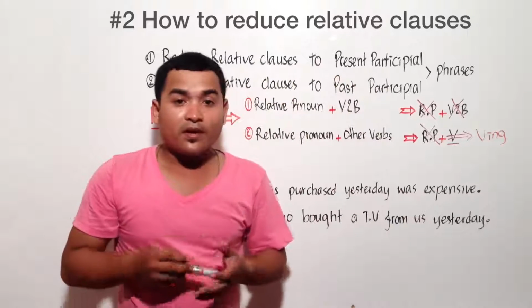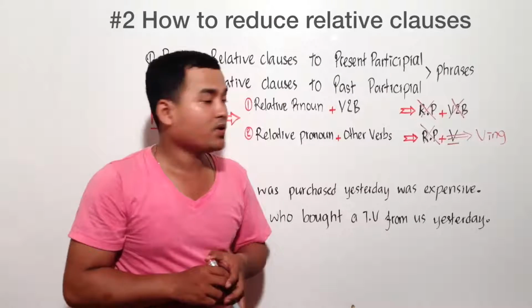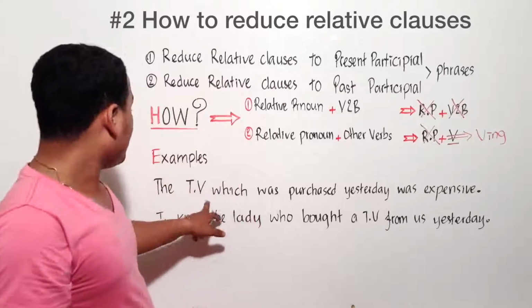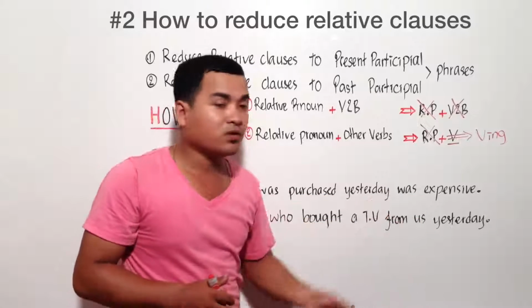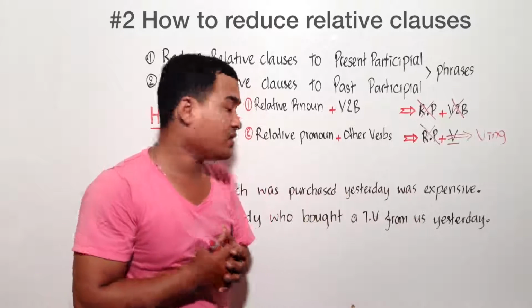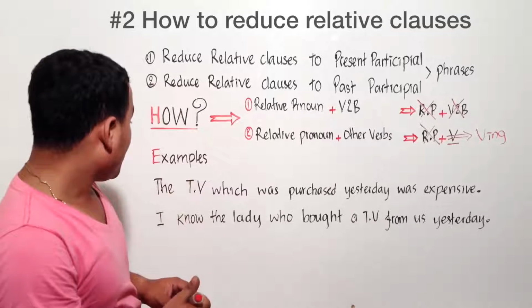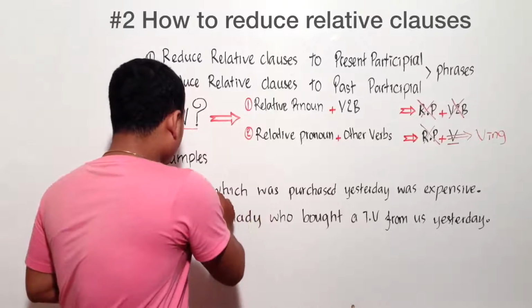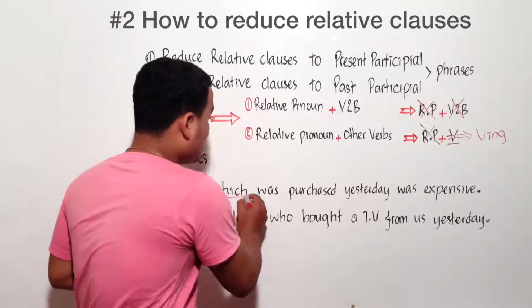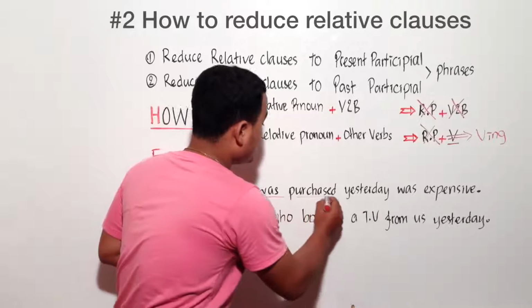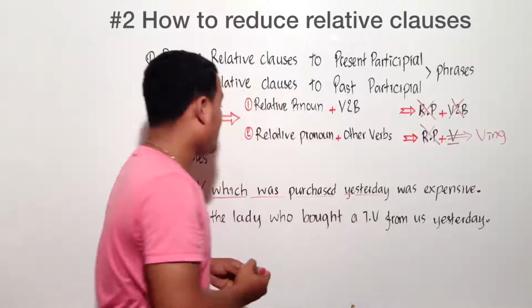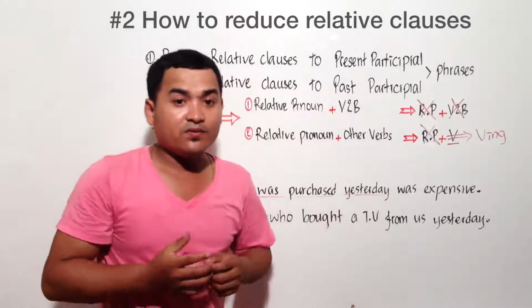Now please have a look at a real example. The TV which was purchased yesterday was expensive. If you study the sentence, from which to yesterday is the relative clause.